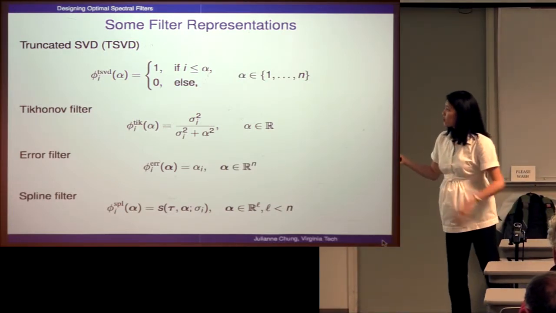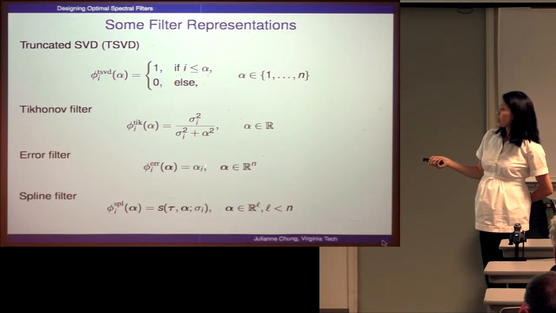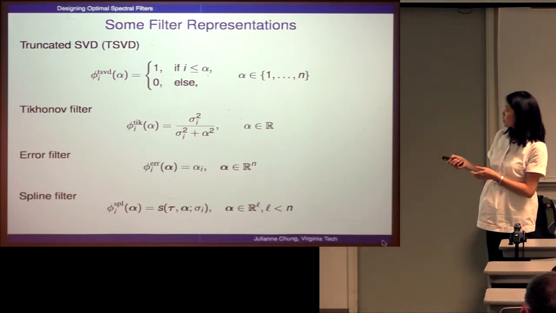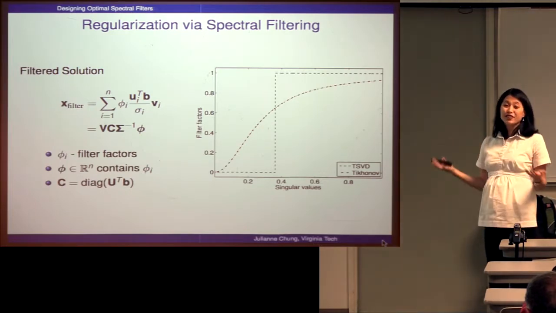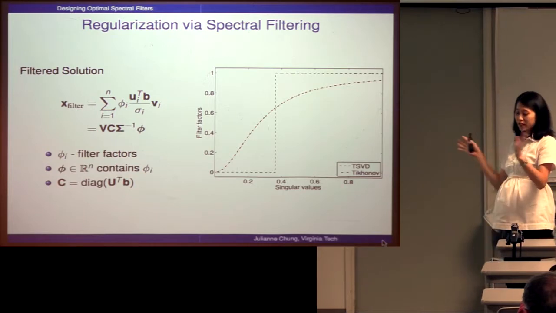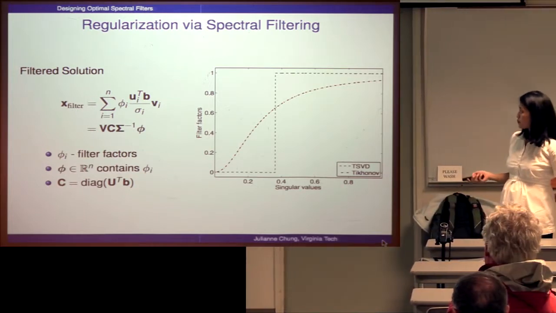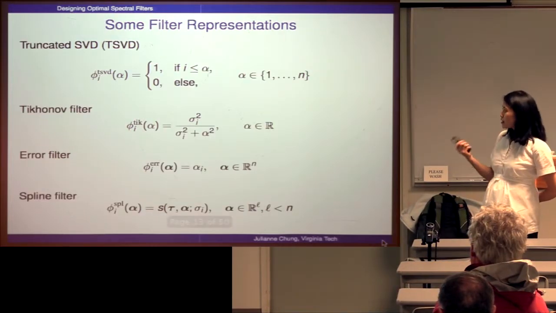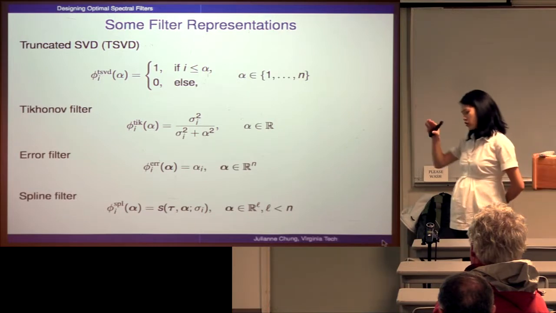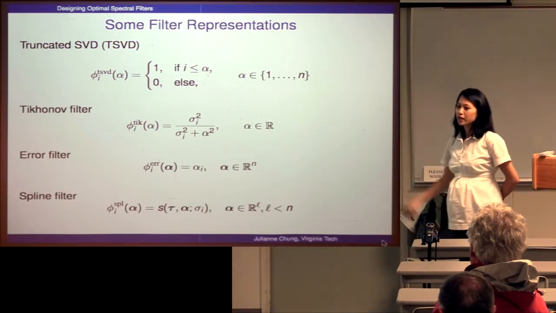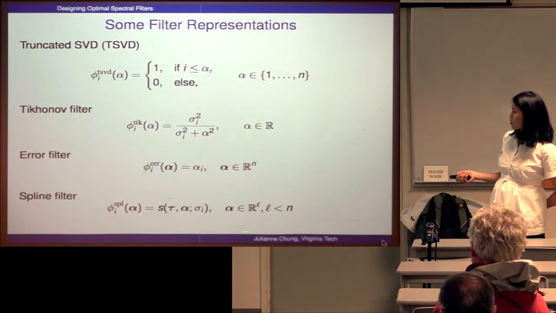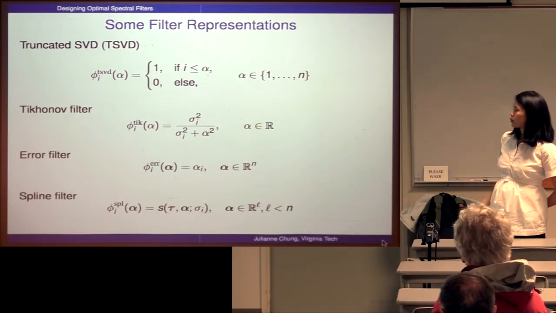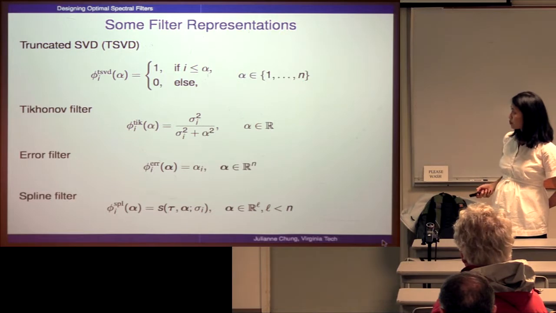With the error filter, we allow n different regularization parameters. So if I go back to this plot here, every single singular value can have a different filter factor, completely independent of the others. Then there's something called a spline filter, where we essentially try to fit a spline through the filter factor function, and in that case, we reduce the number of parameters that we need to estimate.